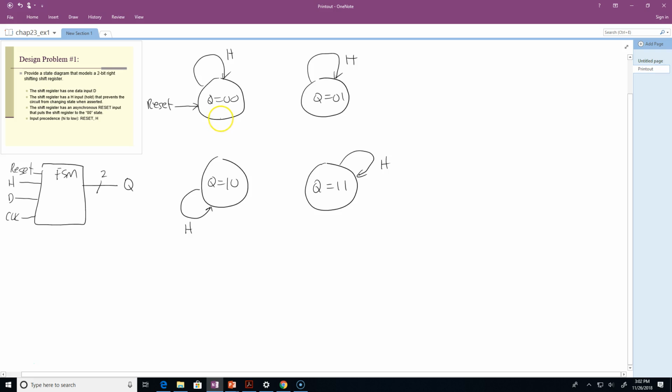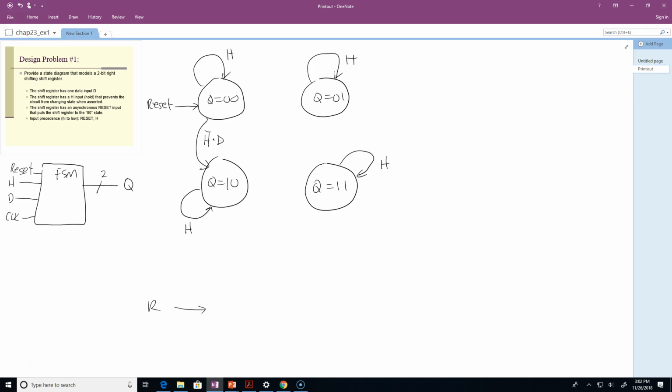Okay, so in this 0, 0 state, I've already handled the hold part, so what's going to happen when D is a 1? It's shifting right. Remember, right shifting is that direction. If D is a 1, it's going to shift the 1 in on the right side, and it's going to transition to this 1, 0 state, and most importantly here, I need to include the fact that the hold is no longer asserted.